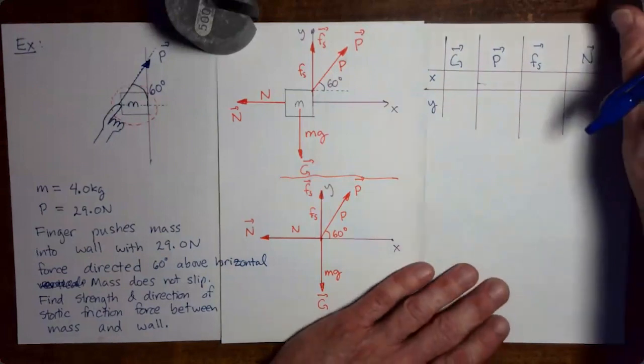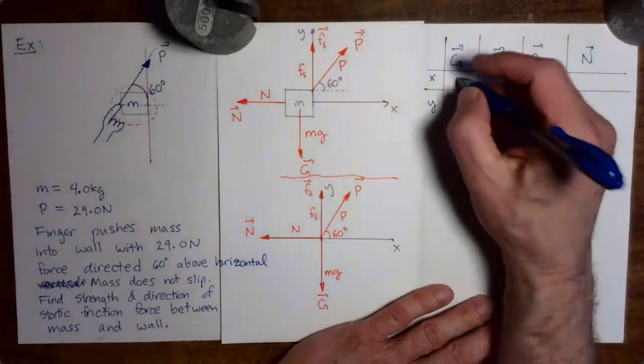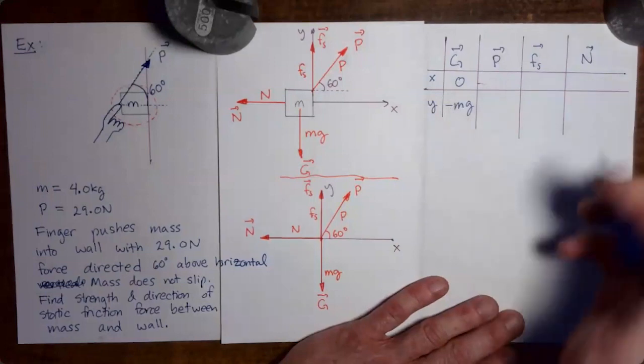Okay, so we'll go through, put in the components. The gravity is pointing along the minus y direction. So the x component is 0, and the y component is the magnitude, minus mg.